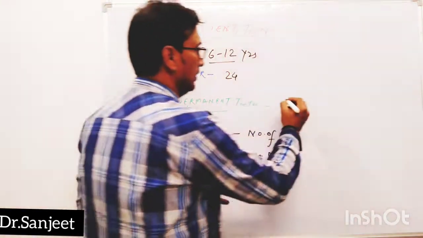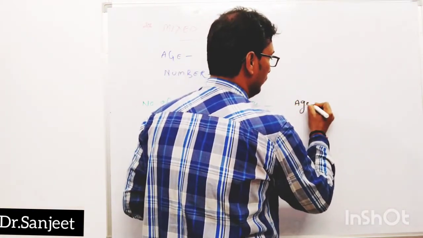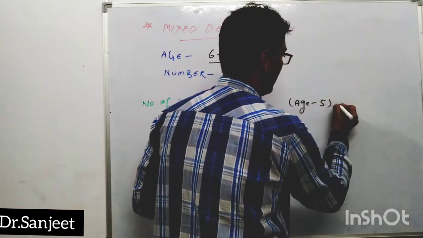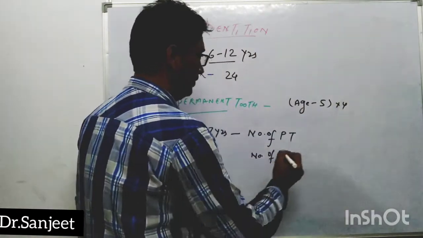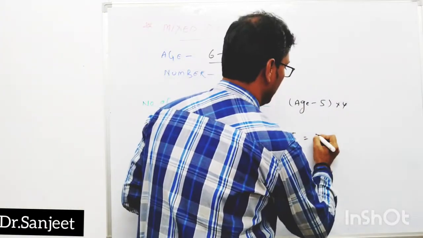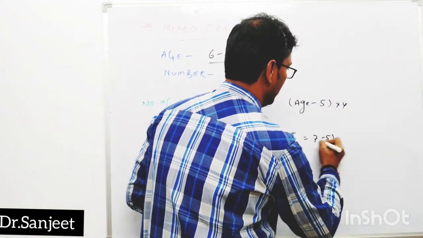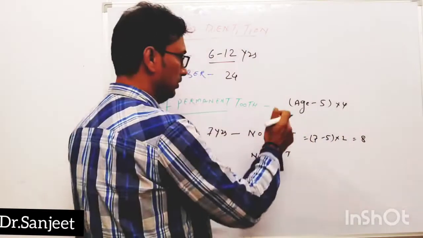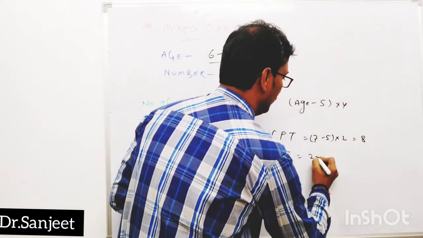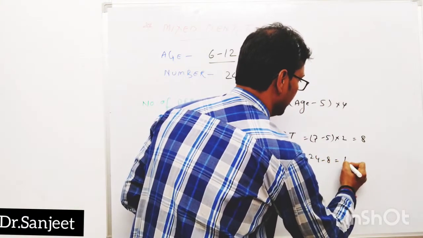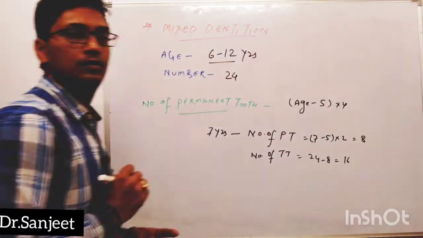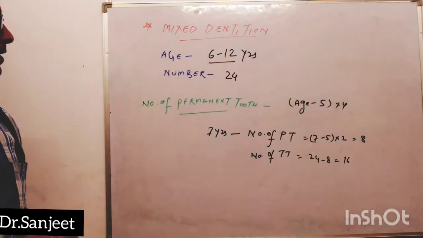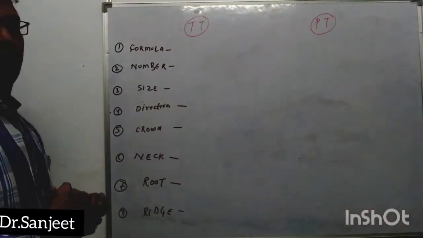The formula is (age minus 5) into 4, meaning (7 minus 5) into 4, which is 8. 8 is the permanent teeth, and then 24 minus 8, 16, is the temporary teeth.